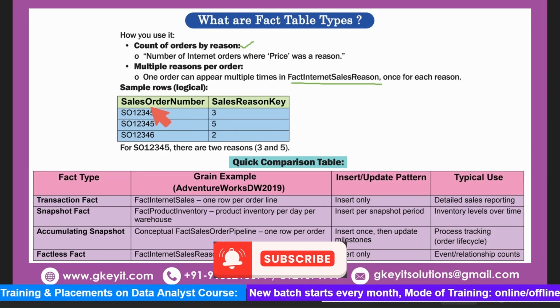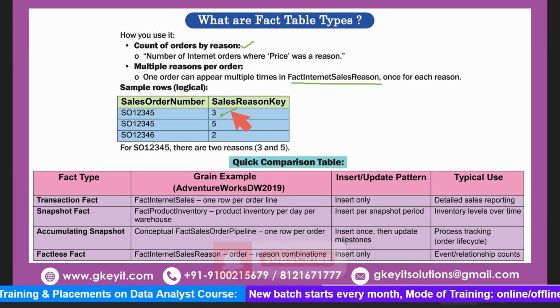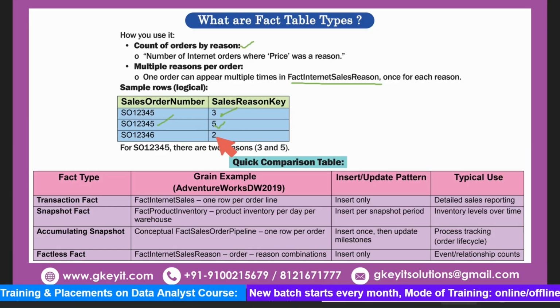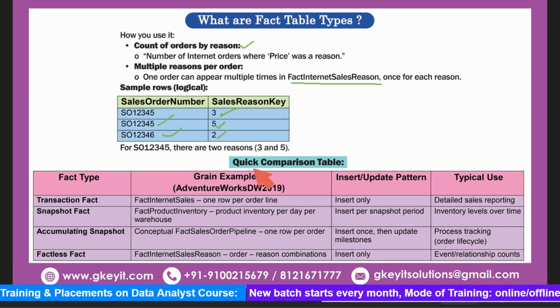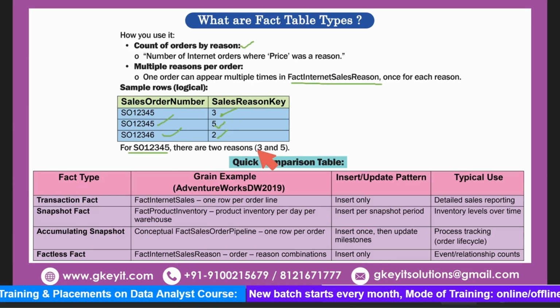For example, a sales order number with sales reason key 3, this is the order number, and key 5, this is the order number, and key 2, this is the order number. In this way, these keys and constants are stored in the factless fact table. For this sales order number, there are 2 reasons, 3 and 5.